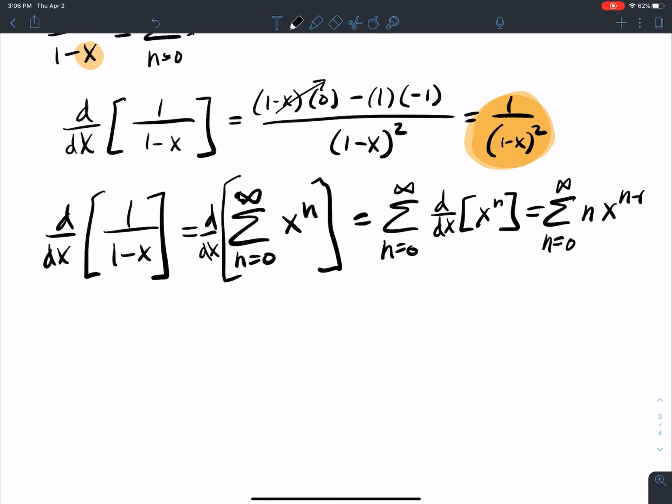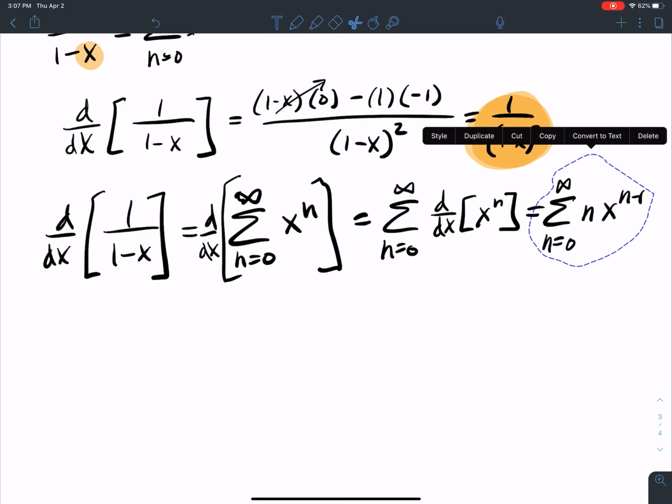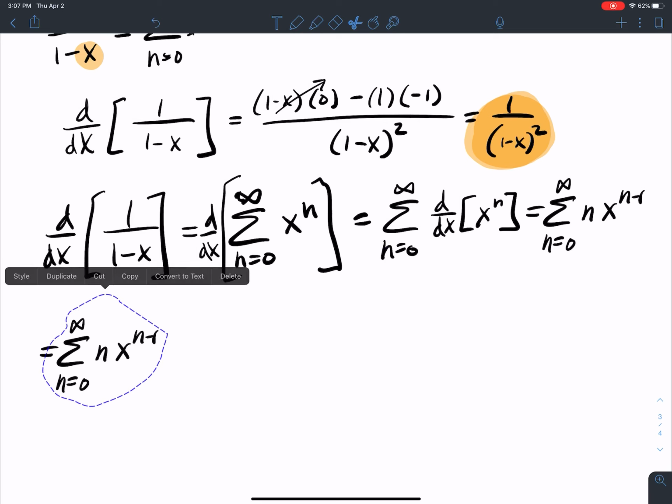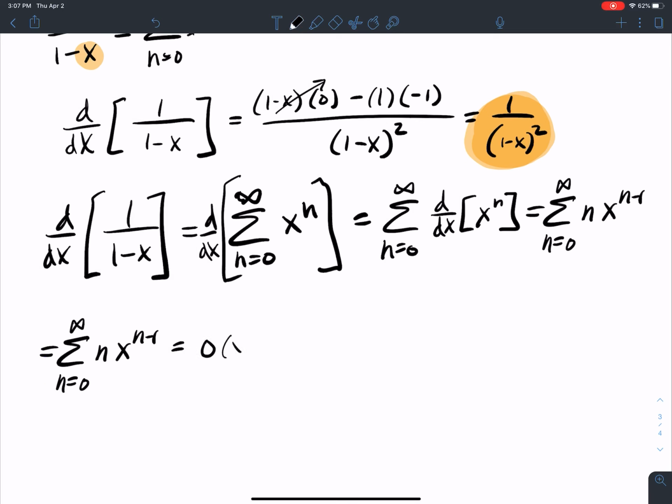Well, when I plug in 0 for that first term, so let me copy and paste this, right? So let's move this over here. When I plug in 0, I get 0 times x to the what? 0 minus 1, plus 1 times x to the 1 minus 1, plus 2 times x to the 2 minus 1, and so on, right? What happens to that first term?